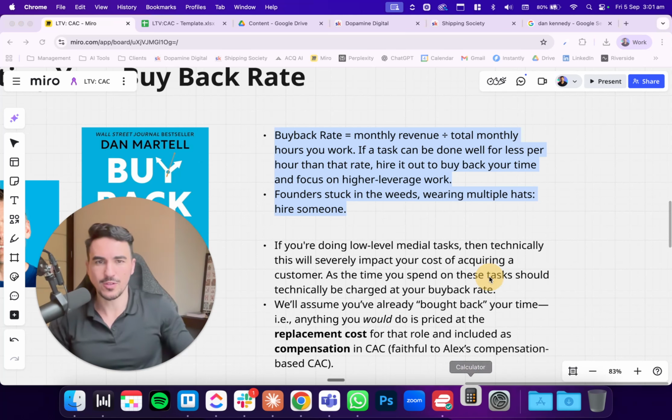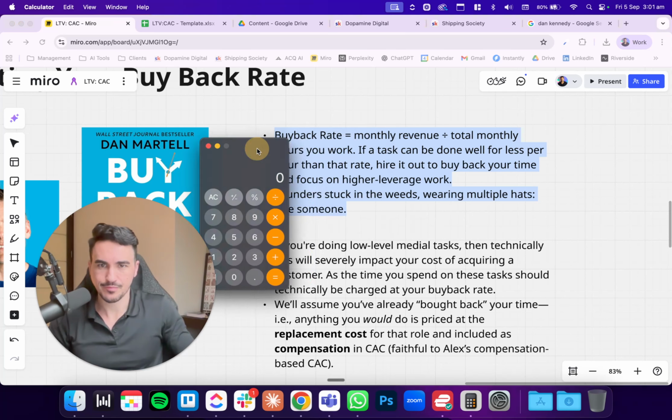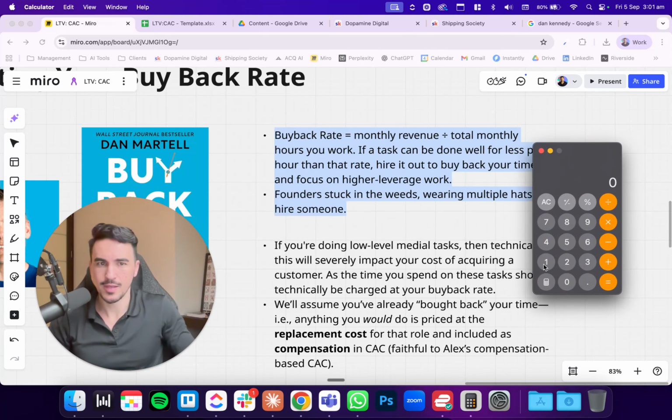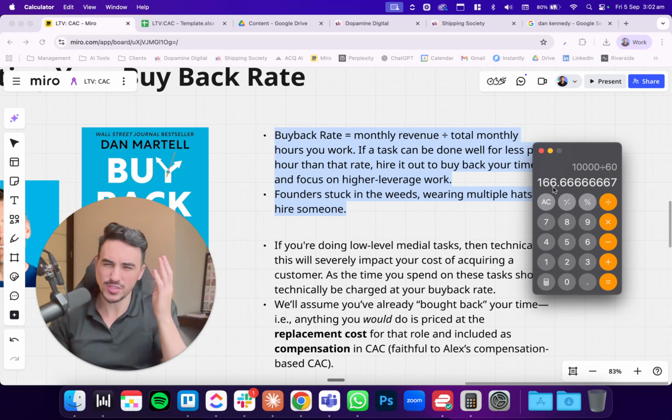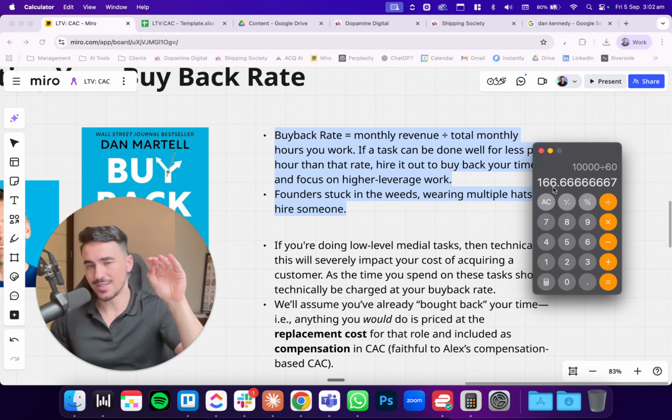So if we take a $10,000 a month sort of person, and then we divide that by, let's say, you're working 60 hours a week, you're making $166 per hour, essentially. So anything that you can hire out at under $166 an hour, you should be doing.